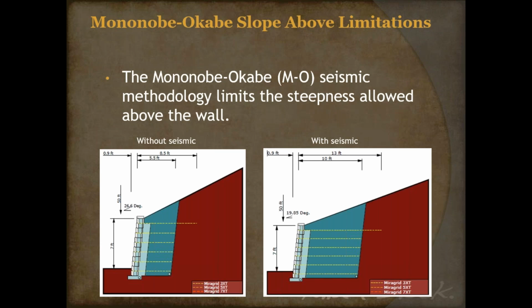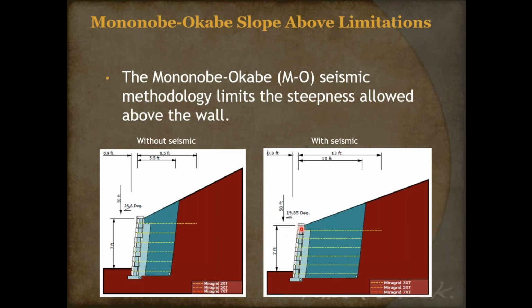So what we do here, you can see on the left-hand side, a 7-foot high wall with a 2-to-1 slope. A 2-to-1 slope, if you look close, would give you about a 26.6 degree backfill or back slope. Without seismic, my grid lengths are pretty typical, 60% grid lengths, 90% on top. As soon as I add seismic, look at my back slope. It drops.